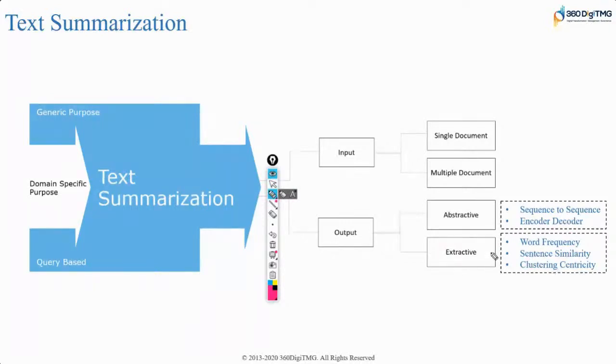Extractive means you're going to summarize the original text and then extract sentences or phrases that best convey the meaning. So how best can you do? By ranking the sentences based on importance.